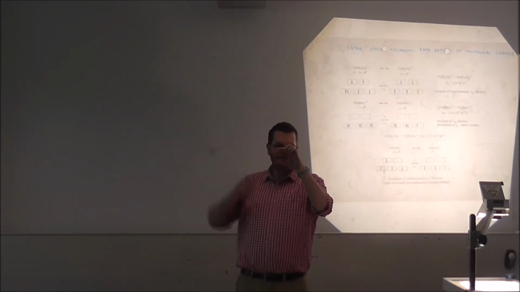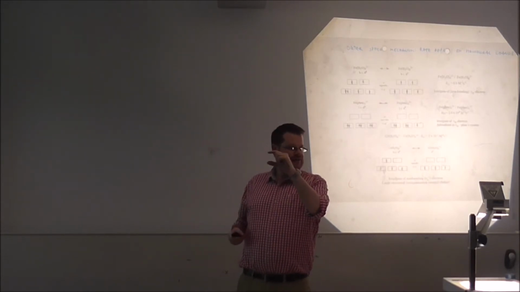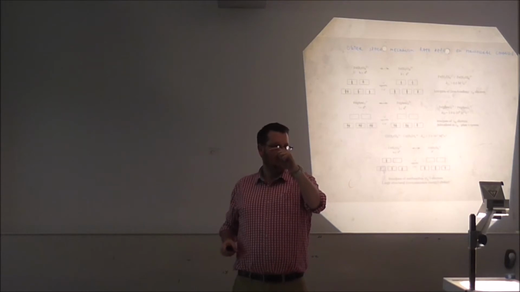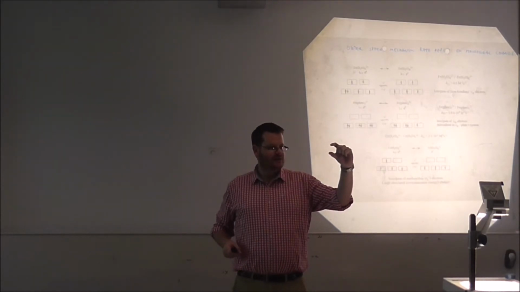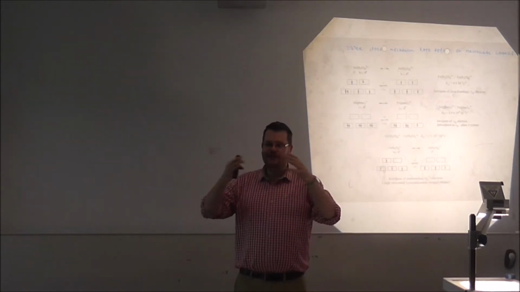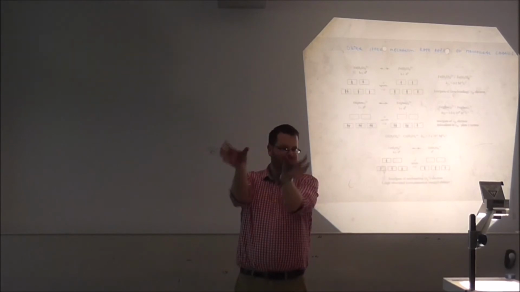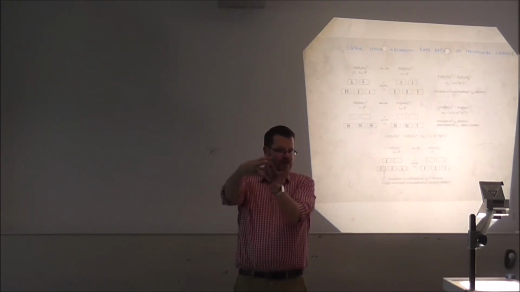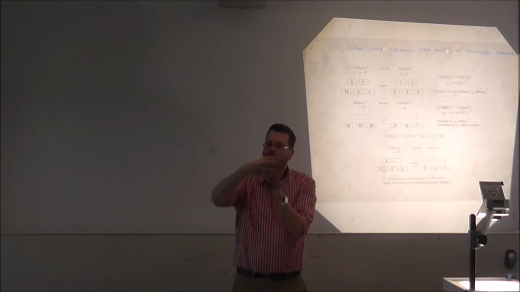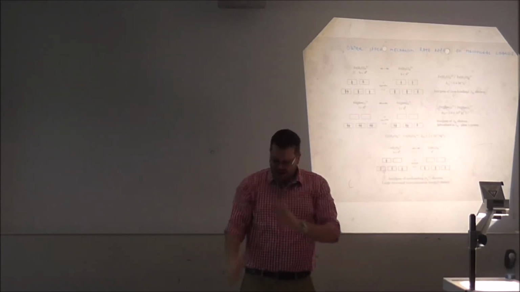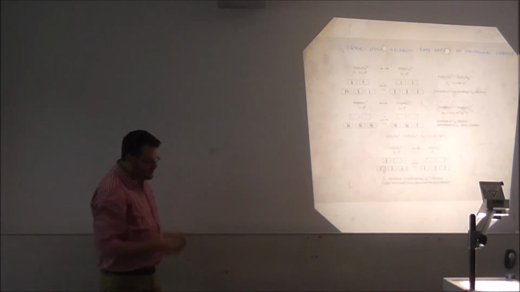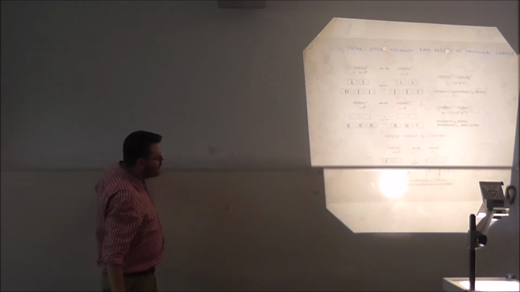If I now put an electron in and I'm populating an antibonding orbital, what's the consequence going to be? The bond length is going to get longer. And because that bond length gets longer, remember this is all happening in solution. You've got water molecules surrounding the complex. Those water molecules are going to have to move away. It requires energy. So there's an energy requirement here because of structural reorganization.